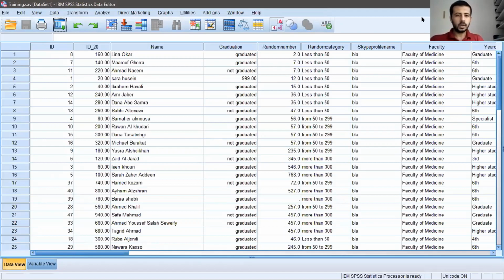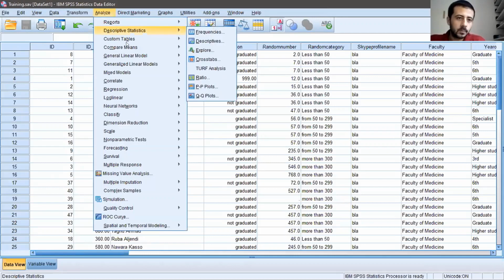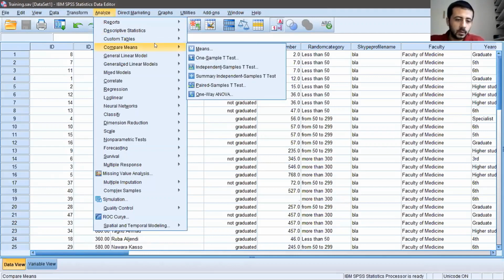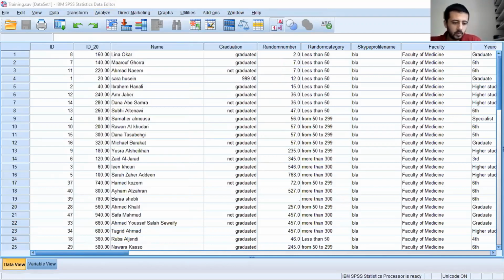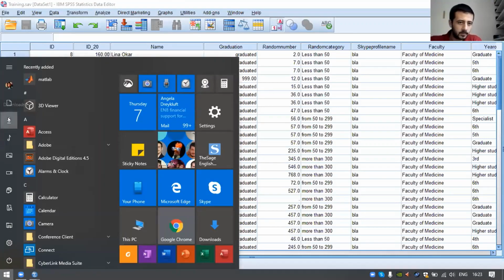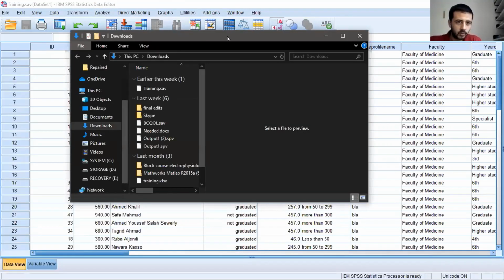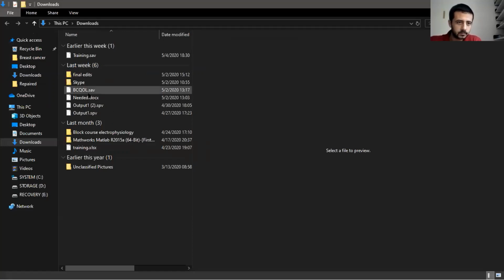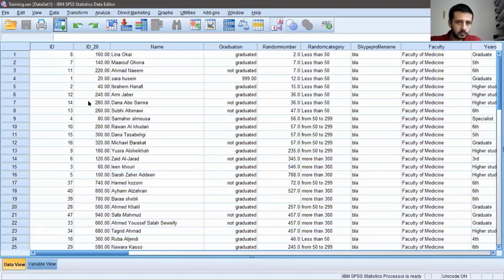Now, do we have? Yeah, we have a question about the chi-square test. Actually, I will open the tests we already did, because that is faster.